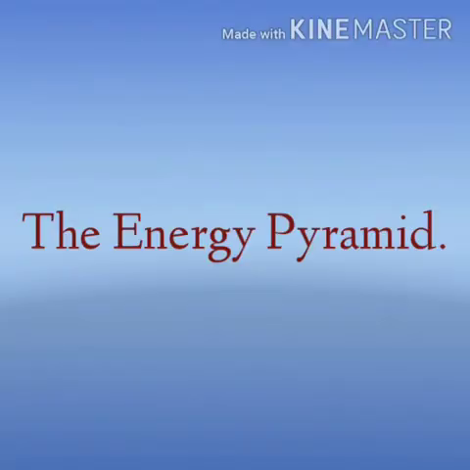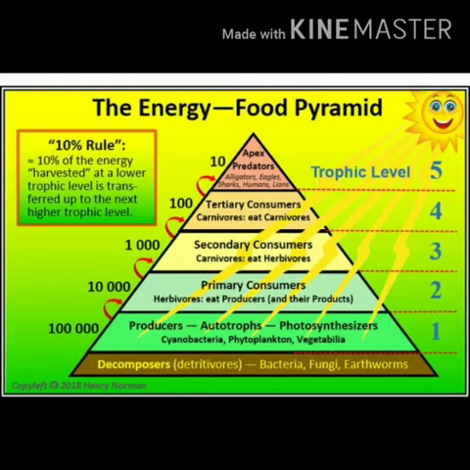Now what is a trophic level? Each level in the food chain is called a trophic level. A trophic level is the step at which the organism obtains its food in the chain.